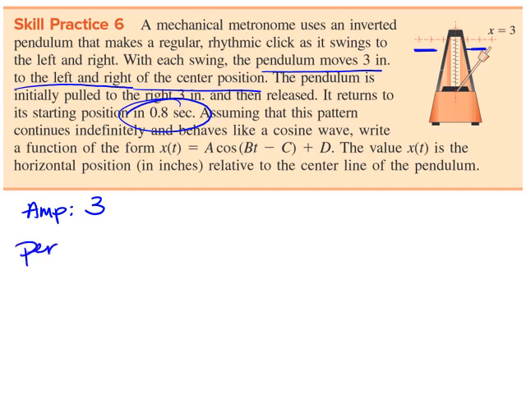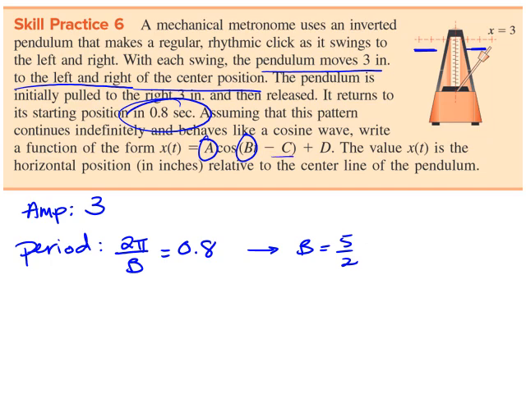So the period, or 2 pi divided by b, is equal to 0.8. If I solve this for b, b is equal to 5 pi over 2. I know A, I know B. This isn't starting at any goofy place, so there isn't a phase shift or a vertical shift.